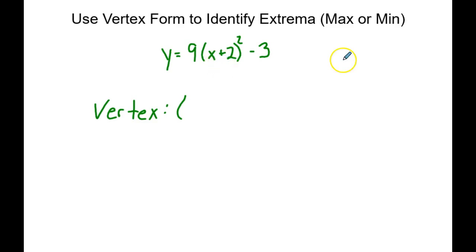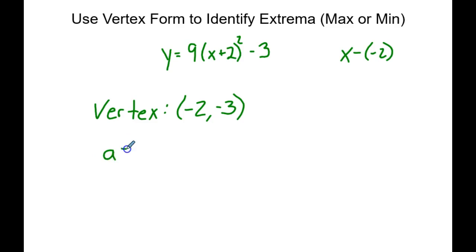If this is x plus 2, that is the same as x minus a negative 2. So even though we see x plus 2, our h value, the x coordinate of the vertex, is actually negative 2. Our k value, the y value of our vertex, is going to be negative 3. So our vertex occurs at (negative 2, negative 3).